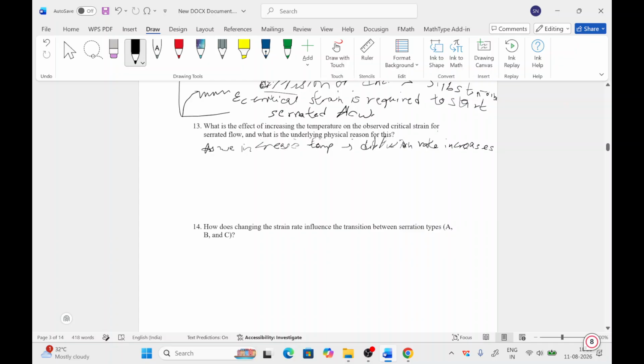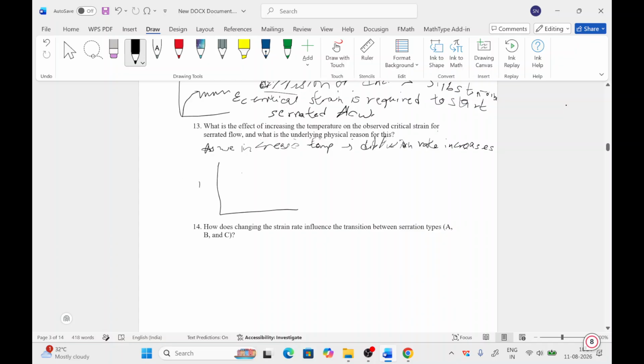So the substitutional atoms can easily lock the dislocation and generate the serrated flow. Because of the increase in diffusion rate, the critical strain required for serrated flow decreases.